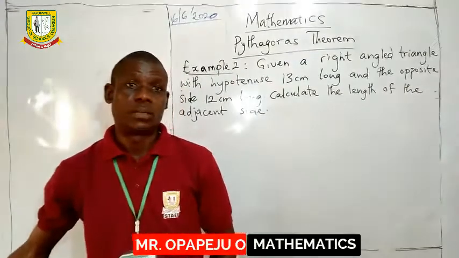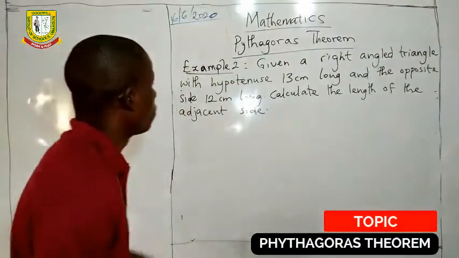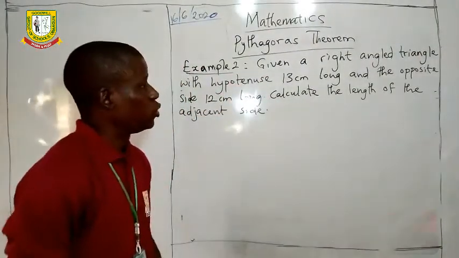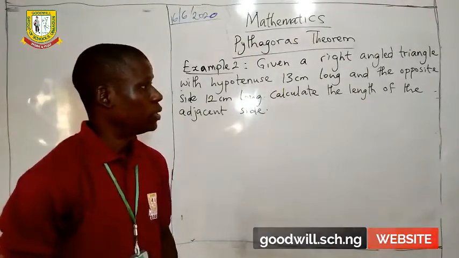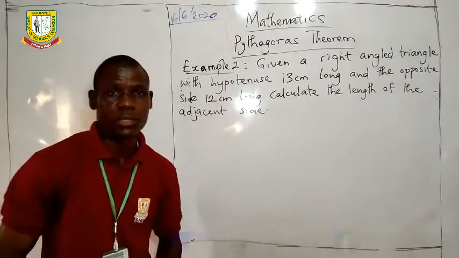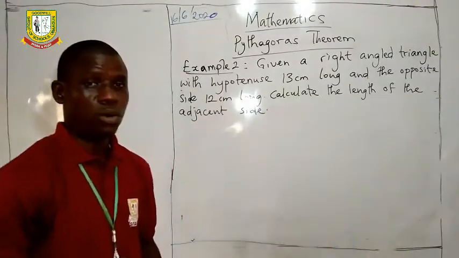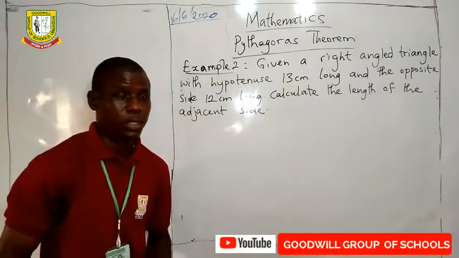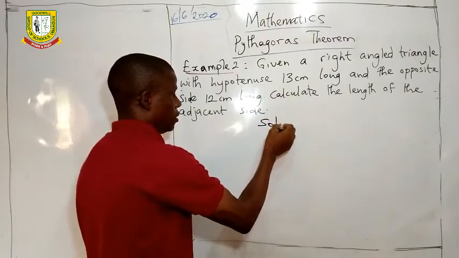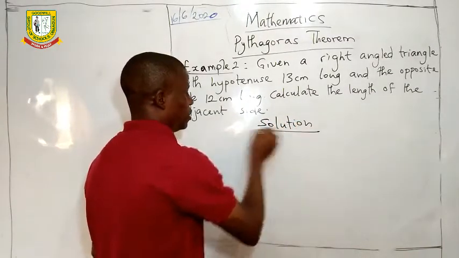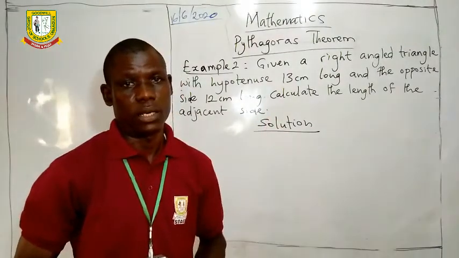Alright, so now this is another question for us to take a look at. Given a right-angled triangle with hypotenuse 13 centimeters long and the opposite side 12 centimeters long, calculate the length of the adjacent side. And I want to believe this will be a very simple question if you have followed what we've done earlier carefully.